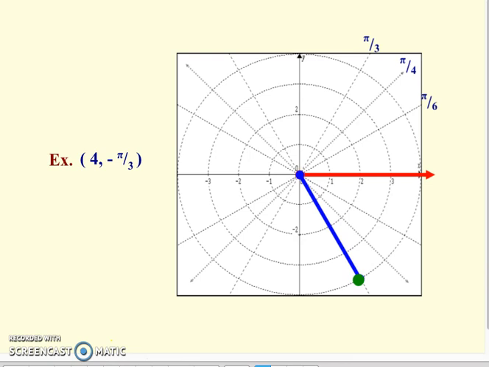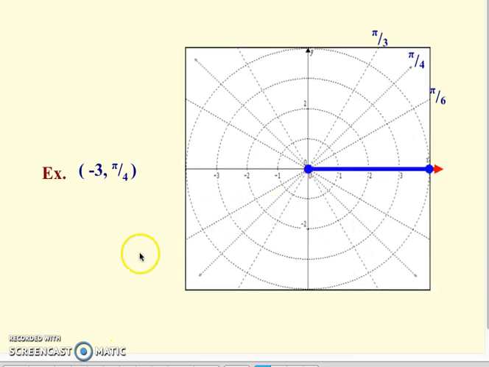All right, let's try some others. So now with a negative radius. Again, you're going to rotate to the pi over 4 rotation line. This is where I think going with the angle of rotation first is better. And then that way I can think of it as, from that rotation line, just travel 3 in the opposite direction.